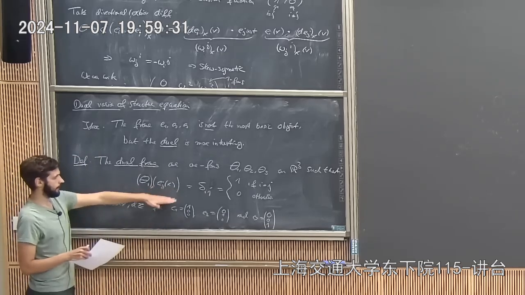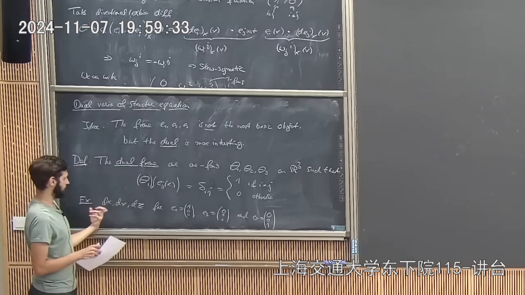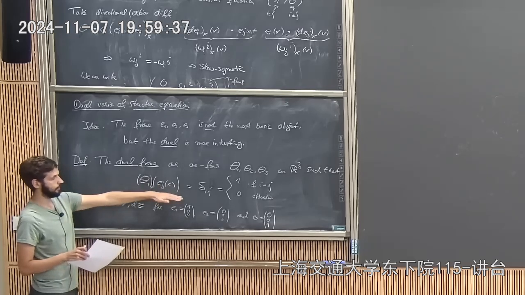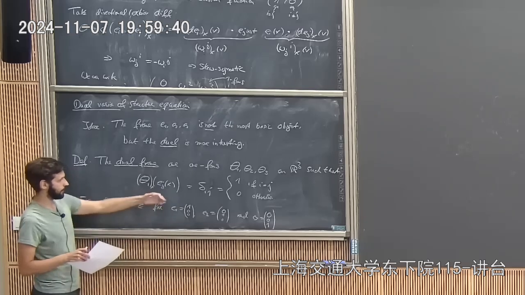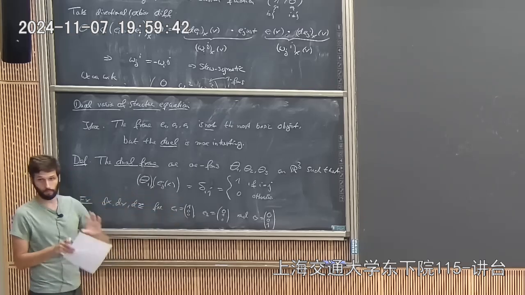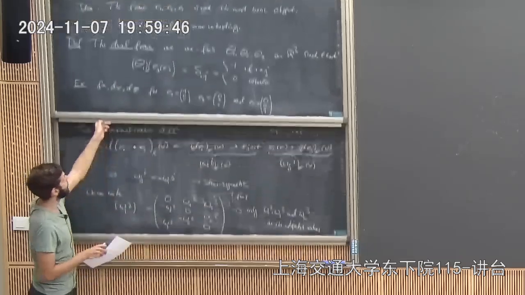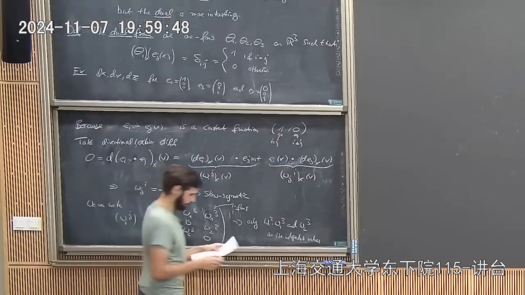But now the idea is to exploit why these things were so important, and to generalize them to the case where the frame was depending on the point and where the frame in itself was not constant. So these ones are called a dual frame.